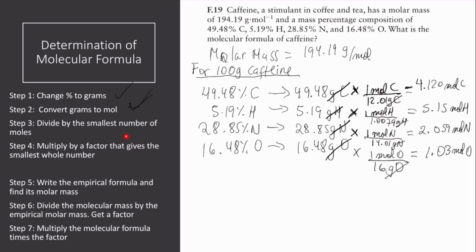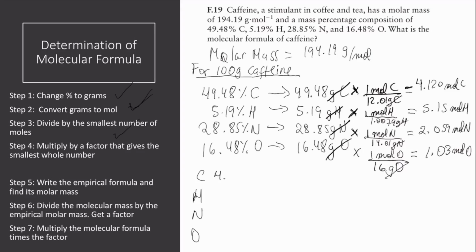Next, we have step 3, where we have to divide by the smallest number of moles. The smallest number of moles here is 1.03. So we have carbon, hydrogen, nitrogen, and oxygen.